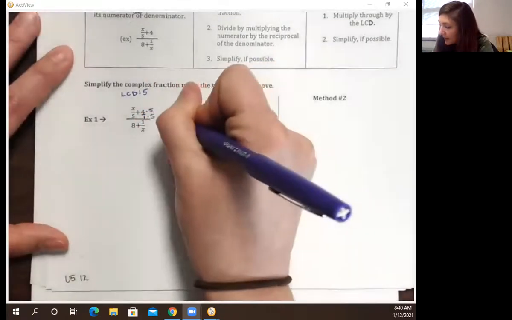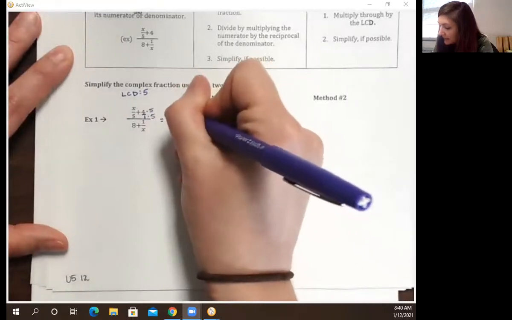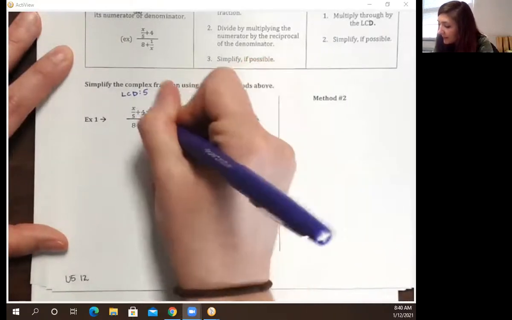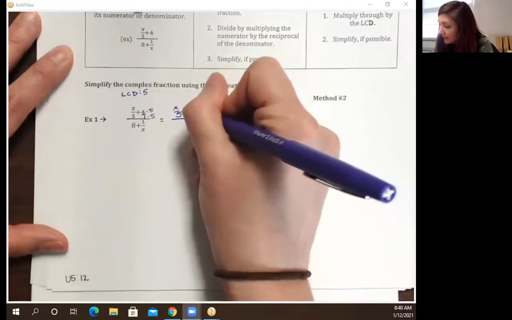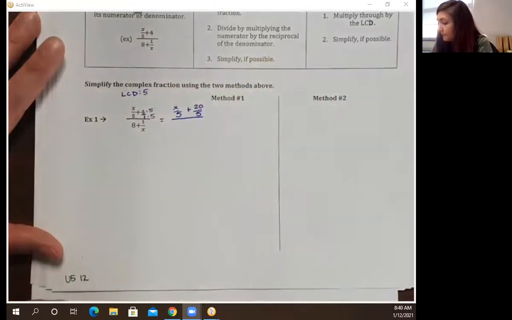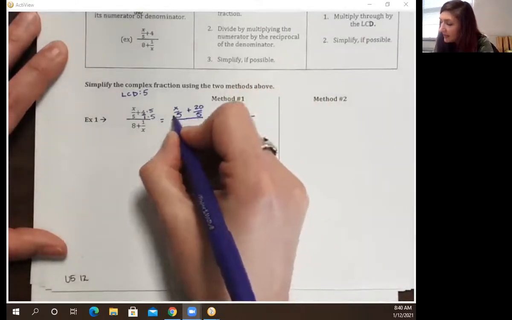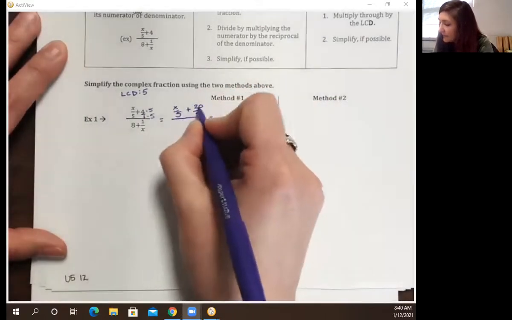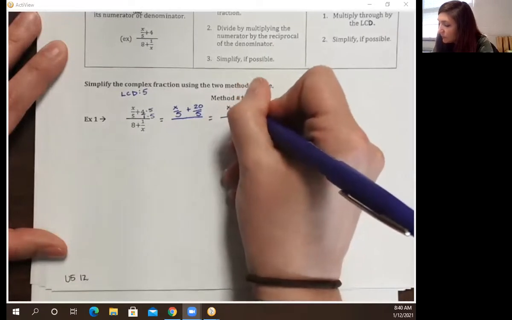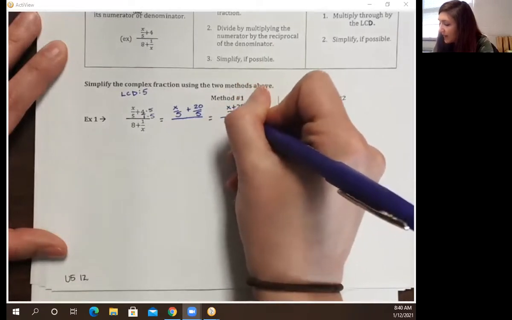So on top, what I have now is x over 5 plus 20 over 5. And now since these fractions have a common denominator, I can go ahead and add the tops. So that would be x plus 20 over 5.